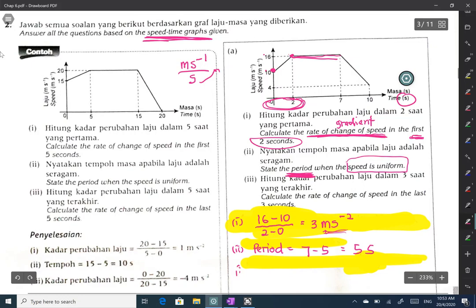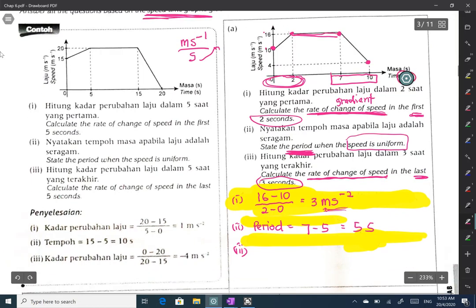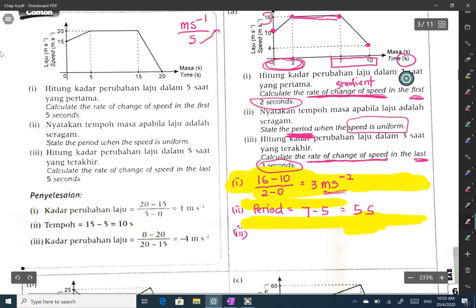Number 3, calculate the rate of change of speed. So still find the gradient in the last 3 seconds. Last 最后3秒. So 7 until 10. So I want to know the gradient. Okay, so it's 16 minus 4.